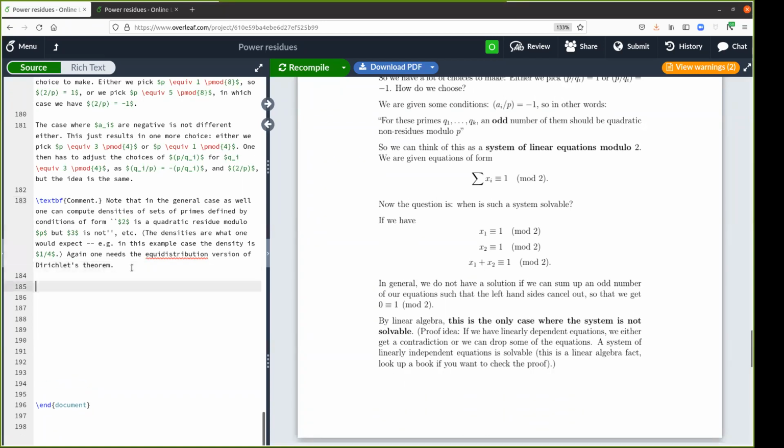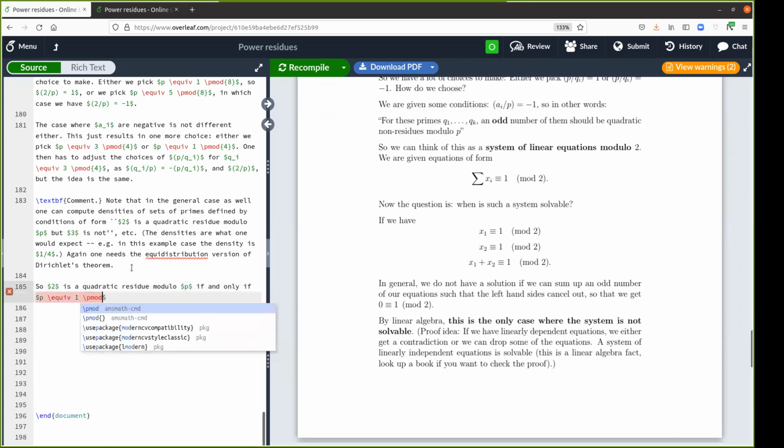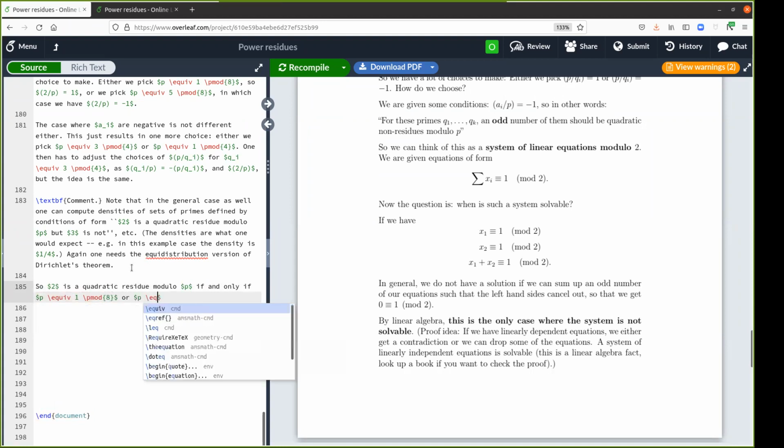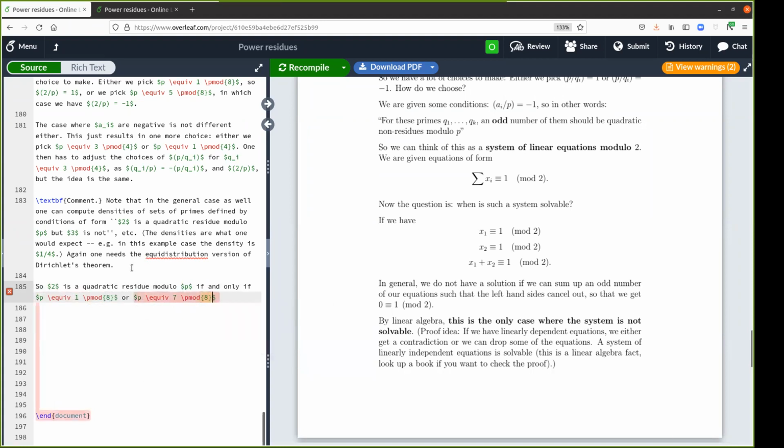Well, we can check this case by hand. Let me think for a second.